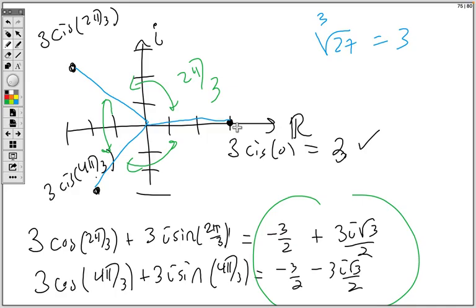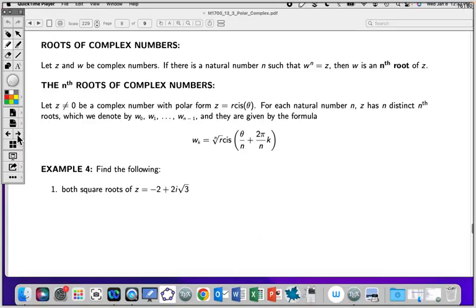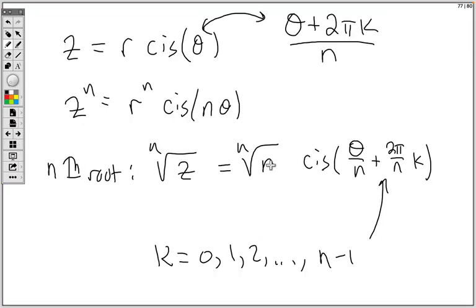I had my first one at the cube root of 27, 3, and I just added 2 pi over 3 until I got back to where I started. So you get nth roots that are 2 pi over n apart. All right? So it's a nice, pretty little thing.